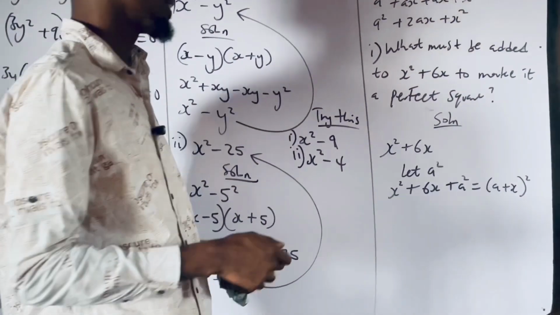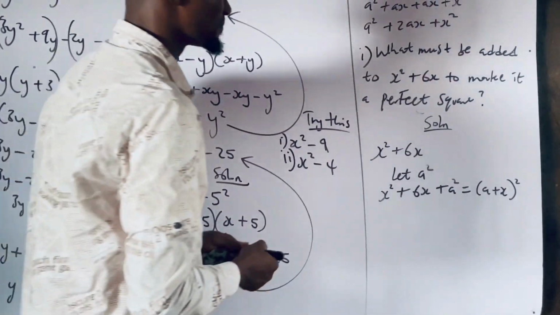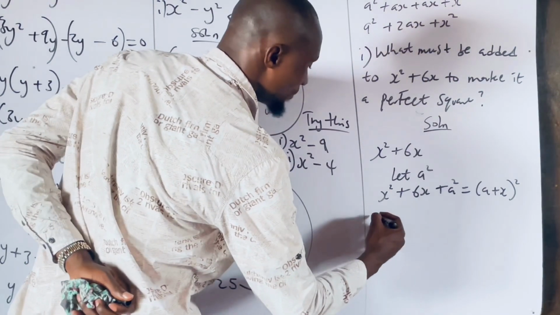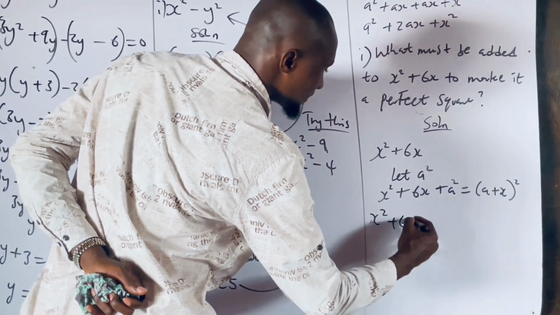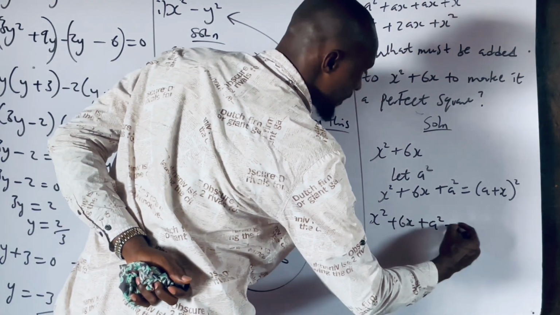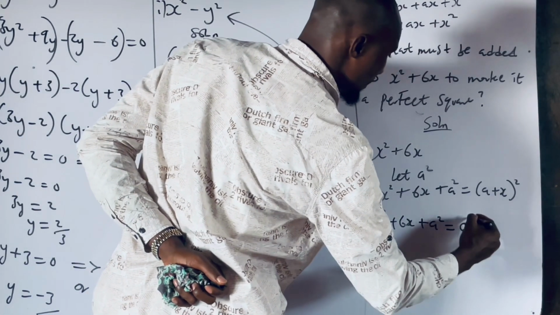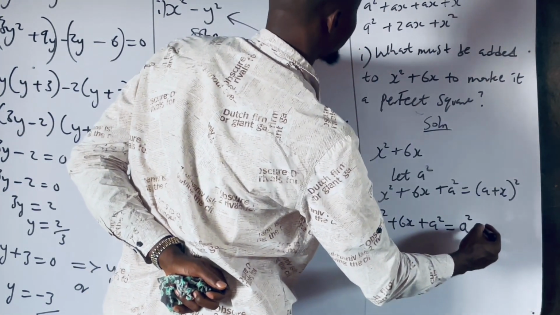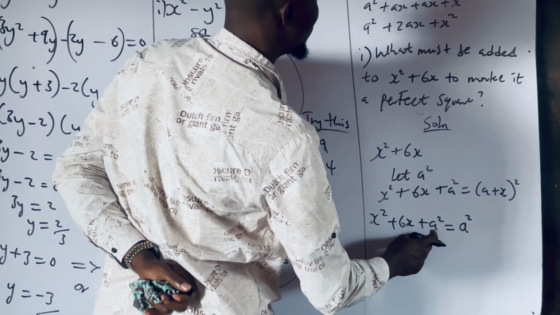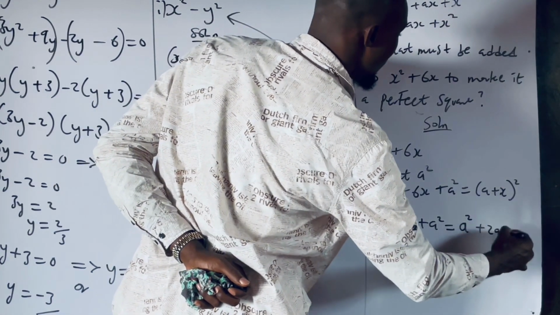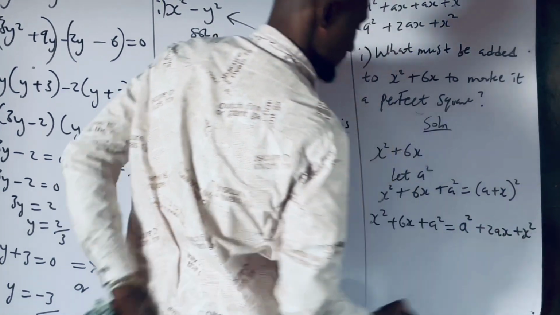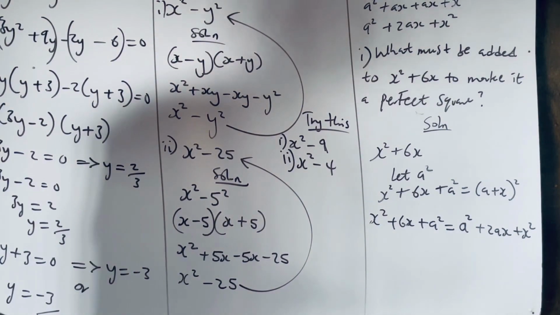So now, when we do that, we have x square plus 6x plus a square equal to, I've expanded this thing here, so we're going to have a square plus 2ax plus x square. Do you see this thing now?